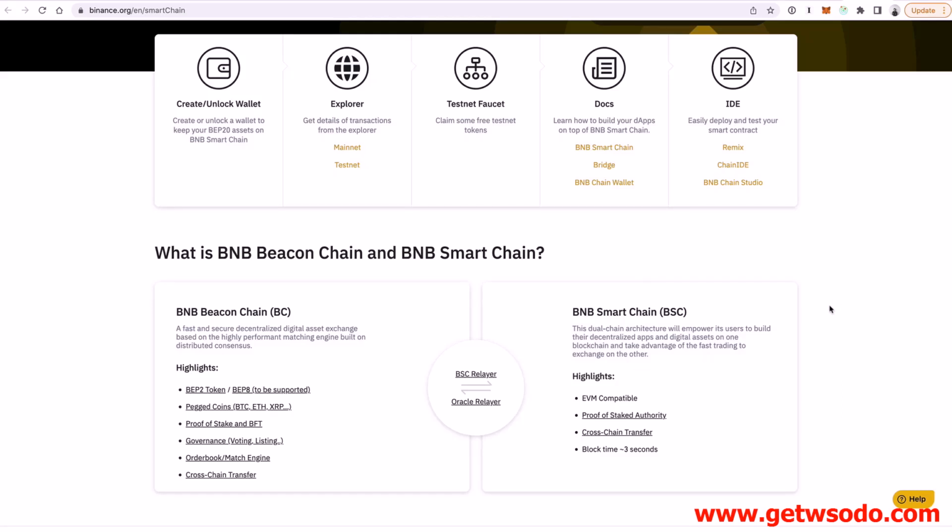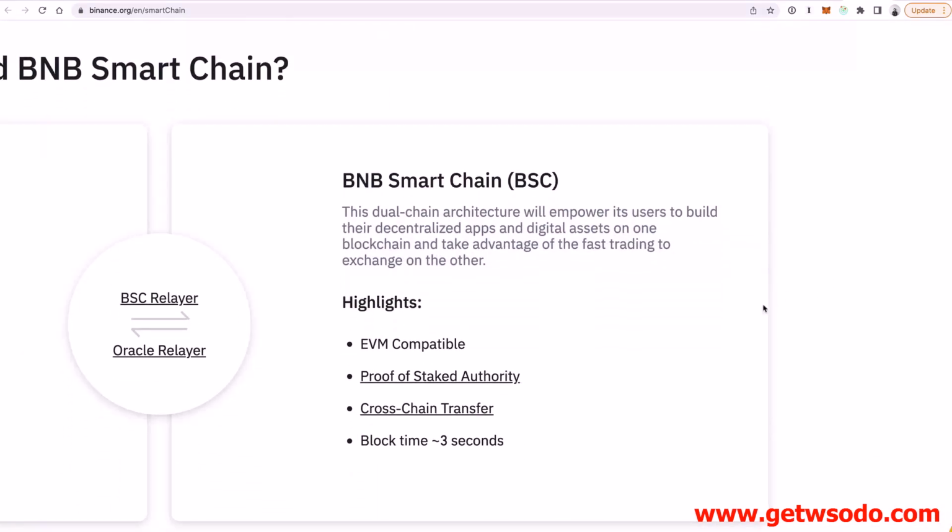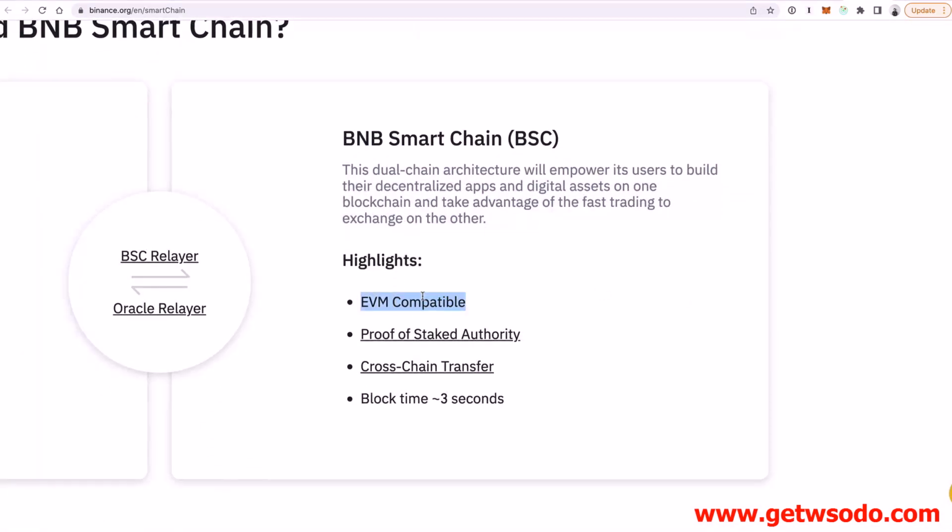All right, but let's look at how it's different from Ethereum. It is EVM compatible, like we talked about. The consensus algorithm is slightly different. It is proof of staked authority. And the block time is about 3 seconds compared to about the 13 seconds that we saw with Ethereum earlier in this program.